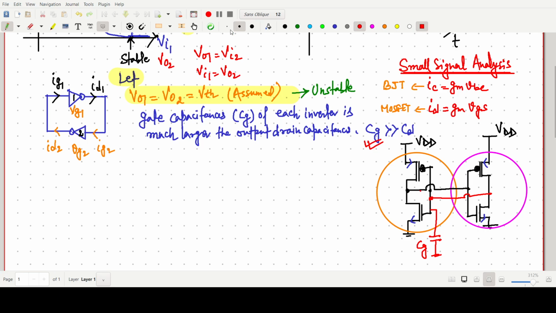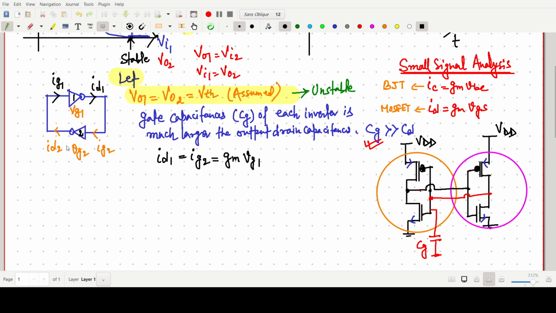From this expression one can simply write Id1 equals our Ig2, and Id1 is nothing but simply the transconductance Gm times Vg1. S is grounded, so we are neglecting it.